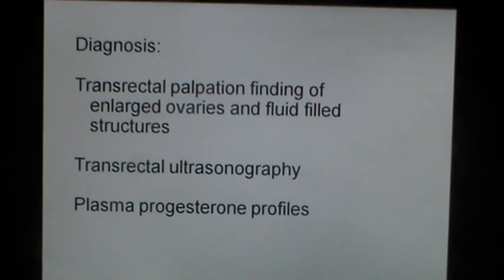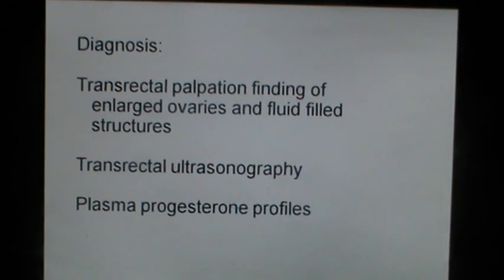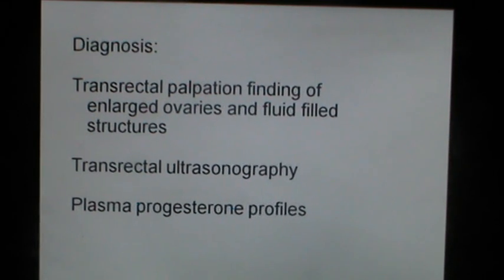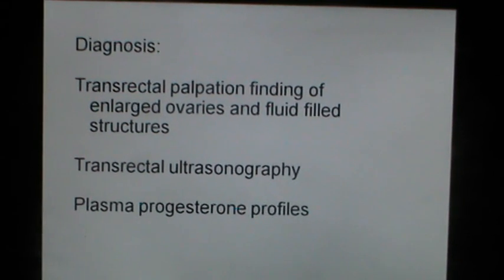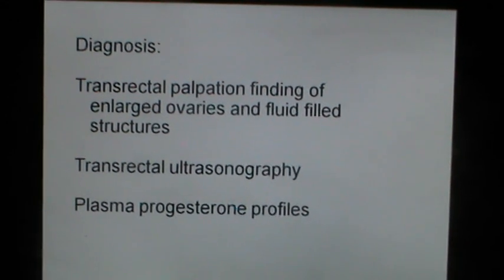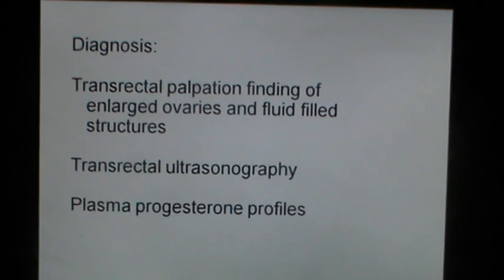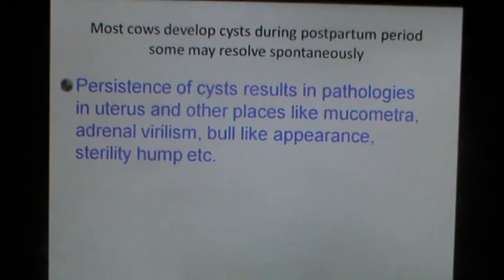It has been mentioned for dairy cows that cysts are fluid-filled or hard structures 2.5 centimeters or more, persisting on the ovarian surface for 10 or more days. So all these criteria can help in the diagnosis of ovarian cyst in dairy cows.